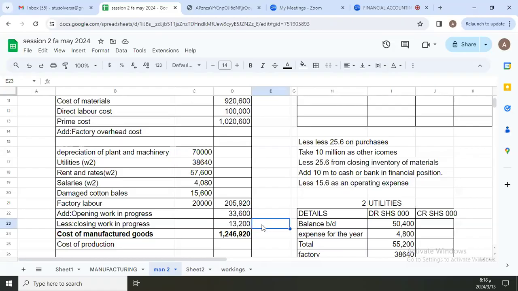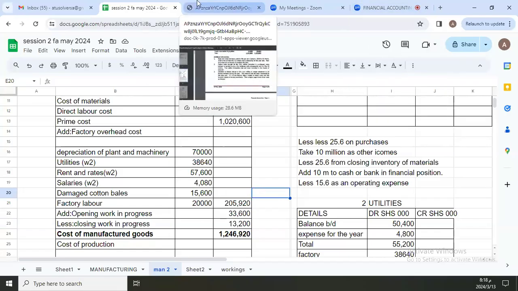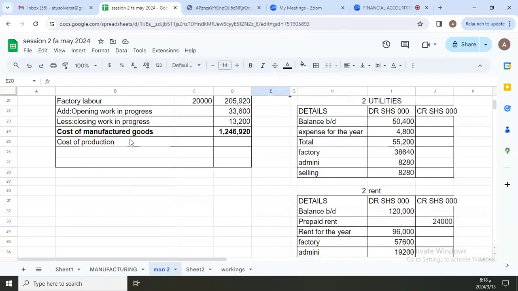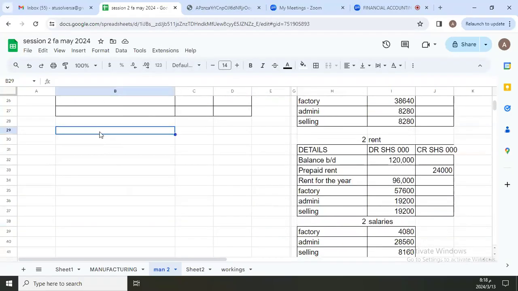We continue. So our cost of manufactured goods comes to 1,246,920. Okay? Are we good to continue now? So I'm going down here.